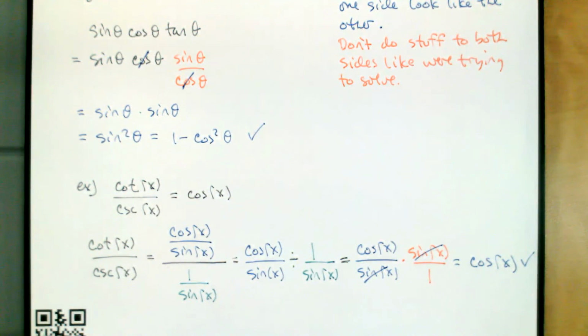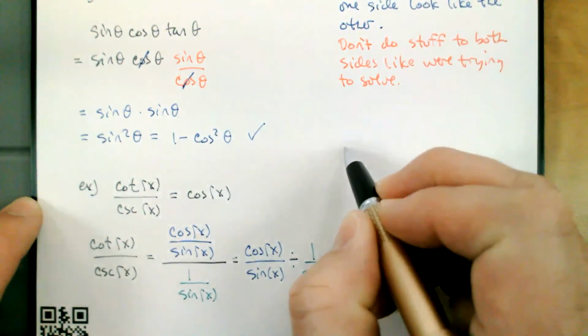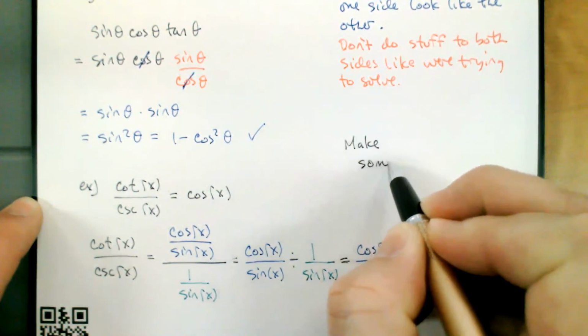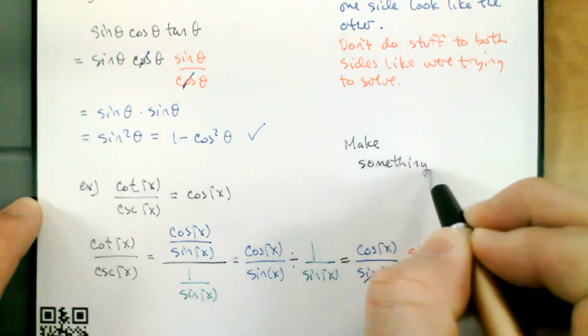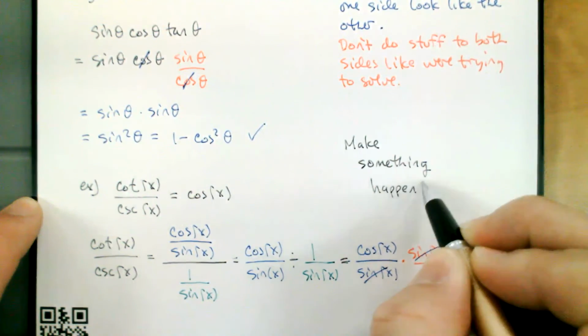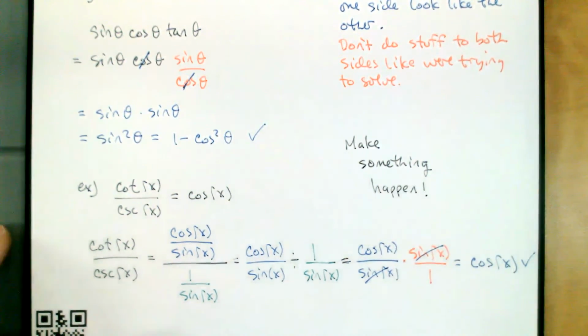Everything in terms of sines and cosines, see if that makes something happen. The point is we're trying to make something happen. Really, there's just one instruction: make something happen.